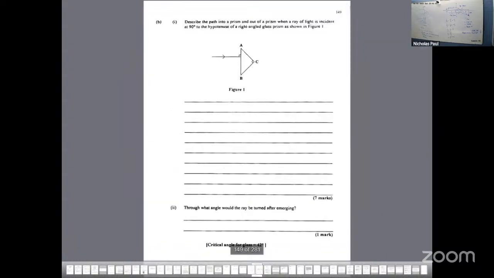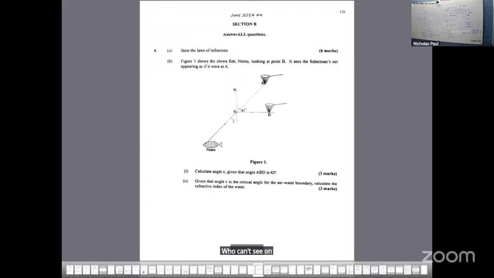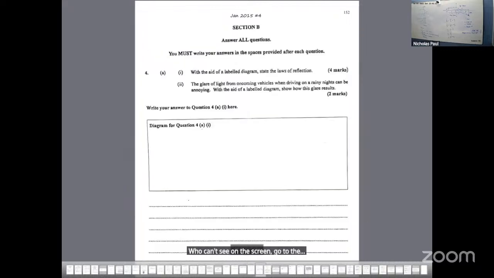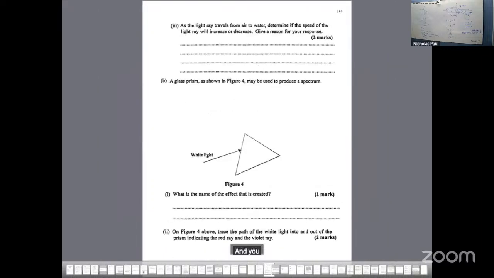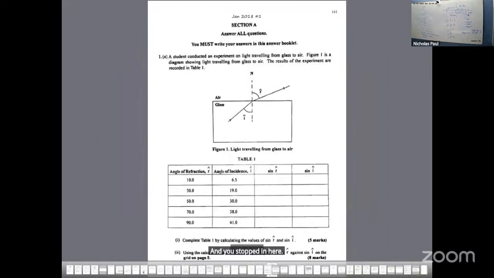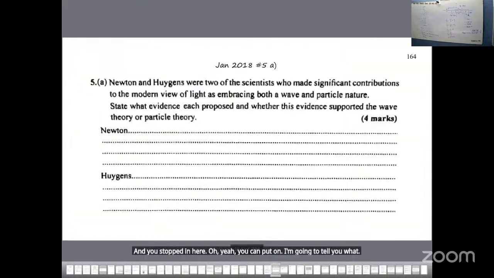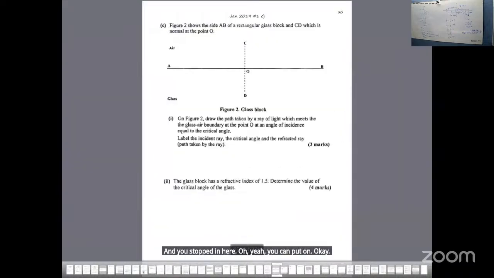For those who can't see on the screen, go to the topic by topic book.